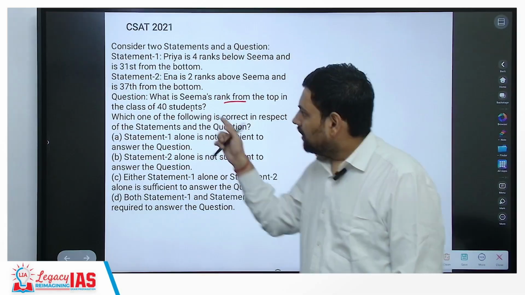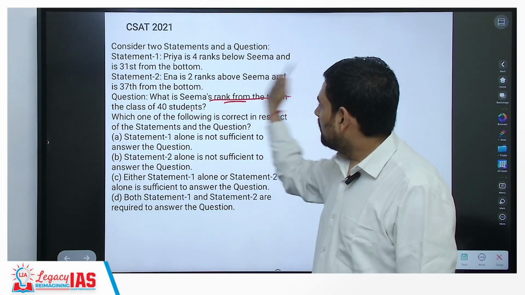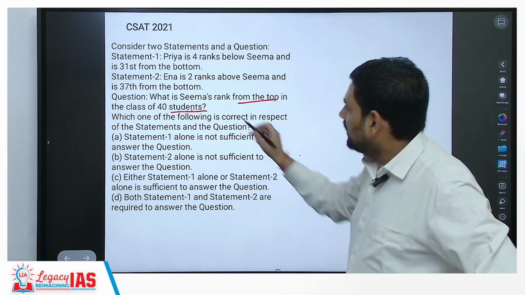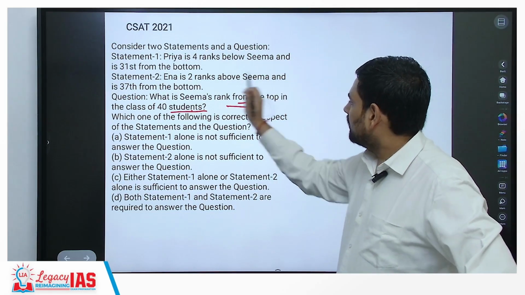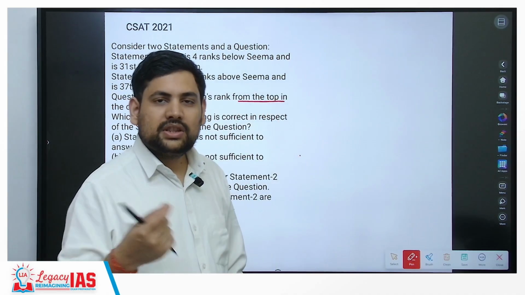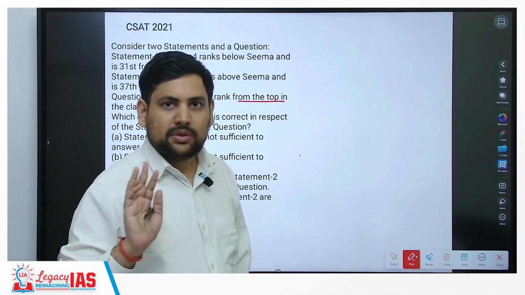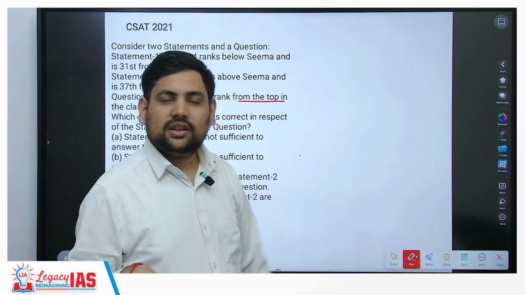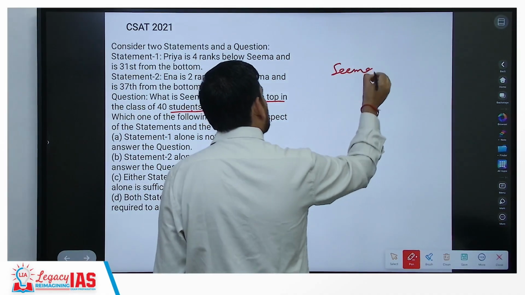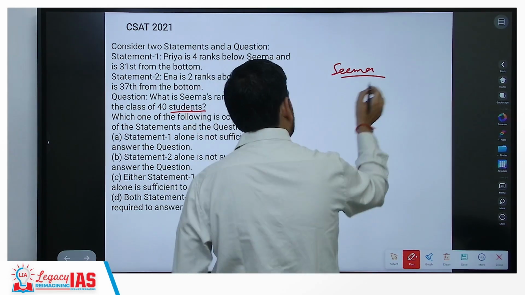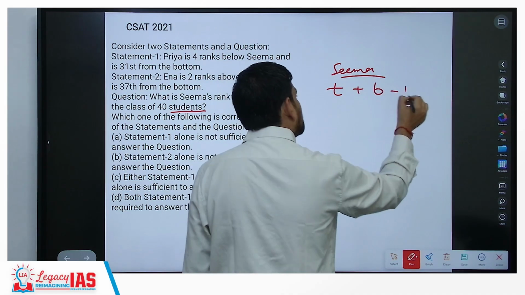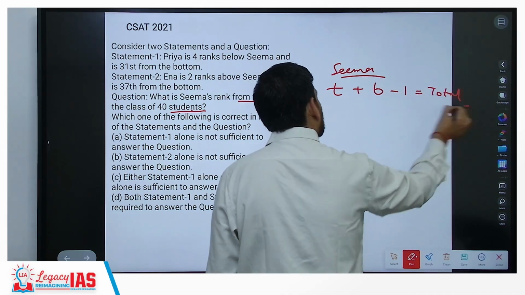Now, what is asked: what is Seema's rank from the top in the class of 40 students? If I know the ranking of Seema from the top and the ranking of Seema from the bottom, then I can tell the total number of students. For any person, here Seema, her rank from the top plus her rank from the bottom minus 1 equals the total number of people in the row.